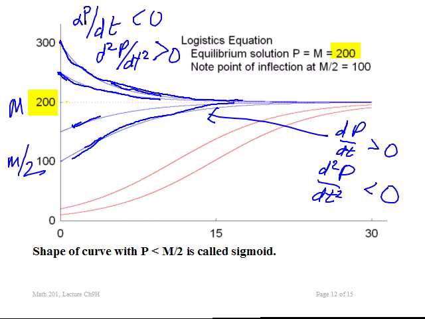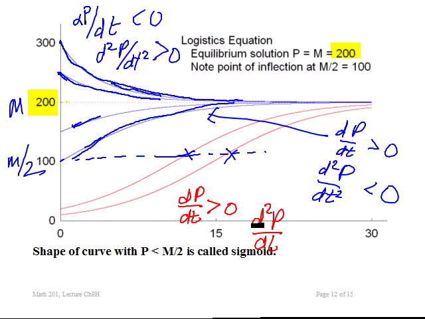What happens if you're between 0 and half the carrying capacity? I'm going to draw a line through here. This is an inflection point. In this region, the first derivative is positive, so the curve is increasing. The second derivative is also positive, so it's increasing in a concave upward manner, hits the inflection point, and now you're in this other region between m over 2 and m, and so it becomes concave downward. This is your sigmoid shape.